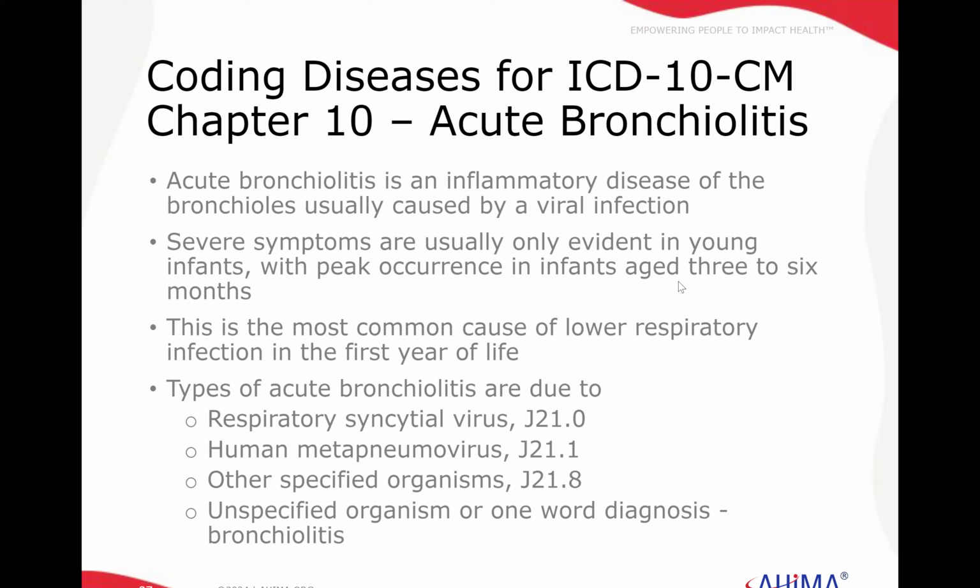It is in some ways similar. It's an inflammatory disease of the bronchioles caused by a viral infection, right? And again, in the same way that we can have bronchitis, pneumonia, all these different things that cause these bronchioles to become inflamed, this is what we can have here as well.